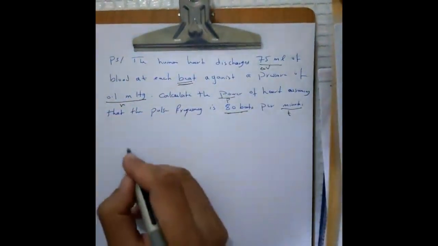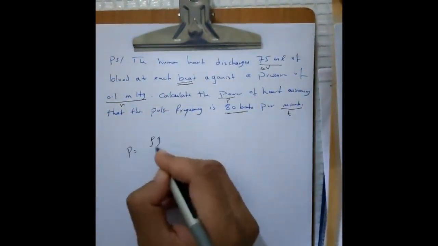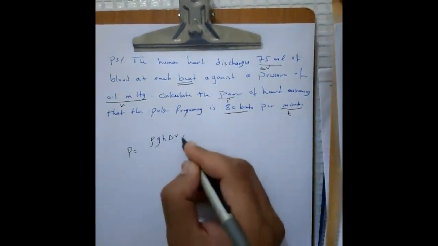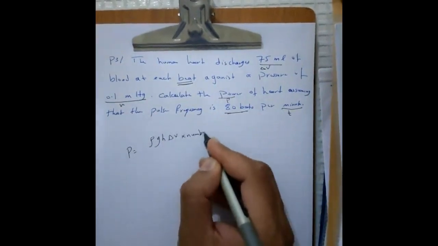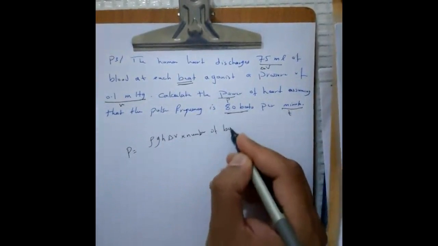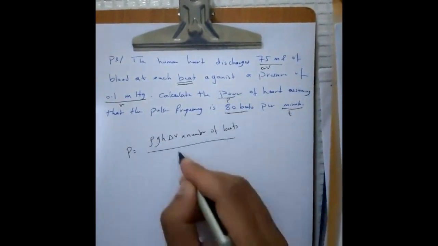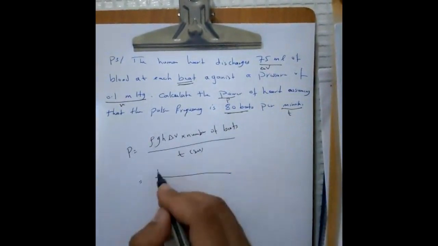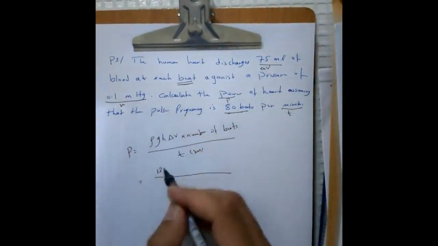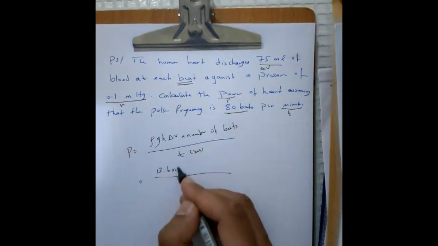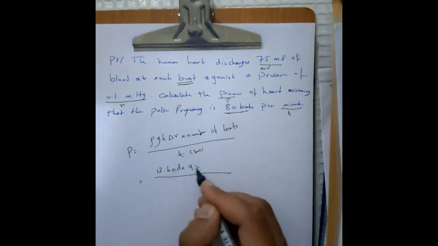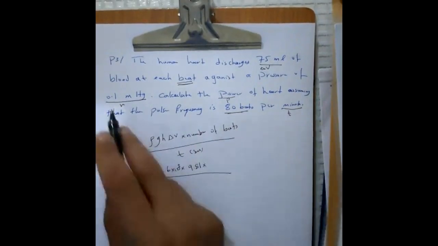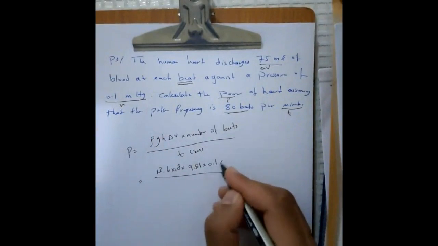So now I will say power. I know that it is rho g h delta V, number of beats, over time in second. Now rho is 13.6 times 10 to the power 3 because it's mercury. g is 9.81. h is 0.1, given.